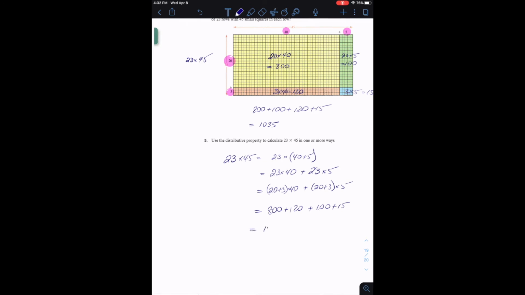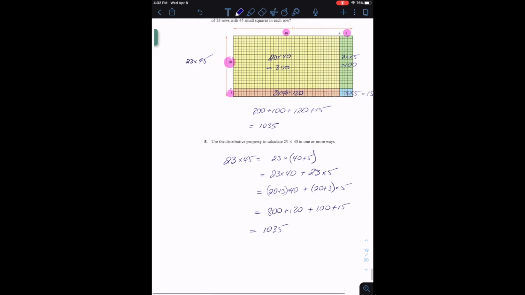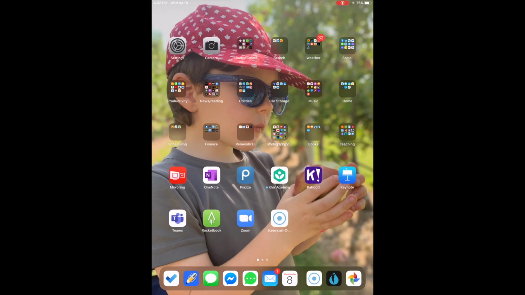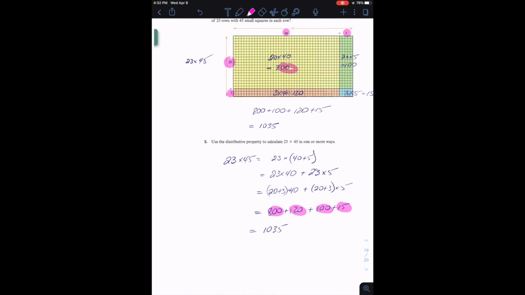And that again gives us 1,035. So what we're looking at here again is the 800, the 120, the 100, and the 15. Pardon me, apparently my mom was looking through my photo album. And what you notice is those same numbers coming up as the rectangular regions in the multiplication array.